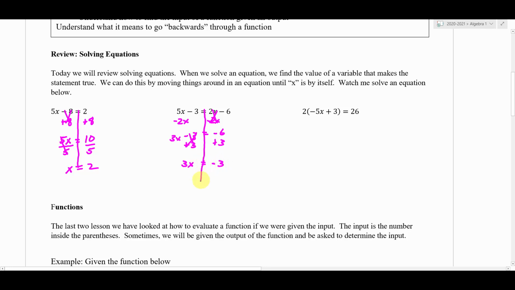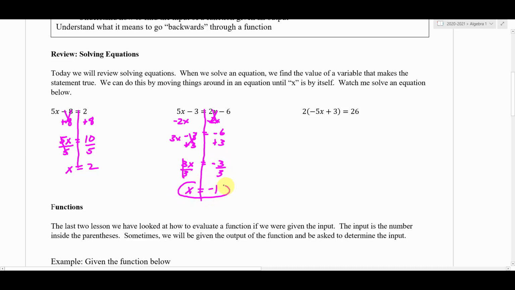All right, and then I'm going to extend my line a little bit more. And so now we have 3 times x, so it's kind of like this situation over here. I'm going to have to divide by 3, right, to undo that multiplication. So the 3's cancel, and we get x equals, well, negative 3 divided by 3 is negative 1.